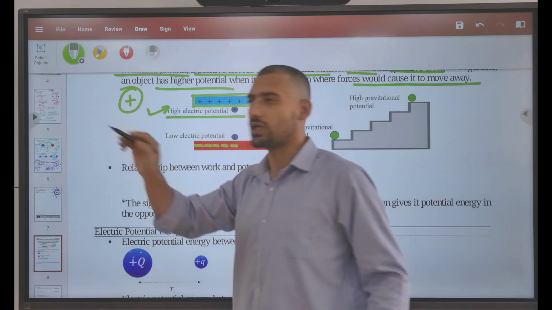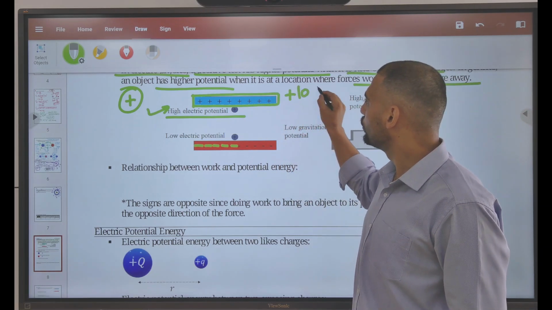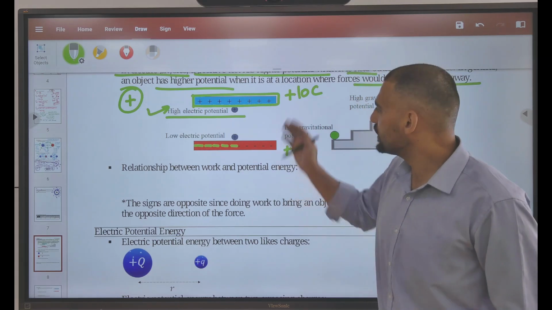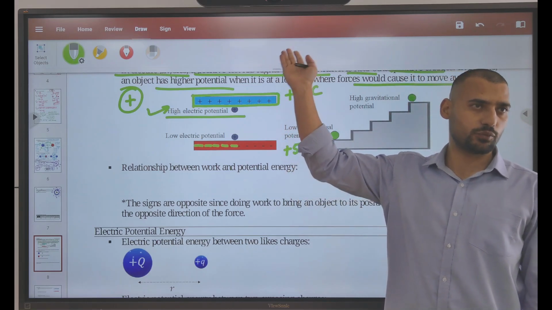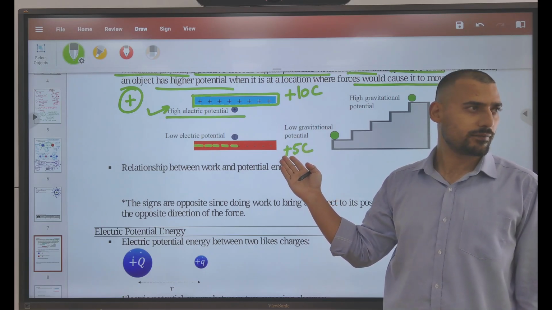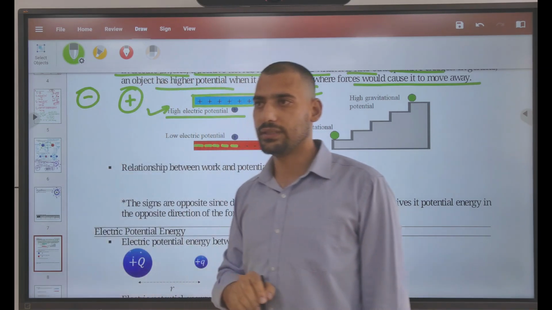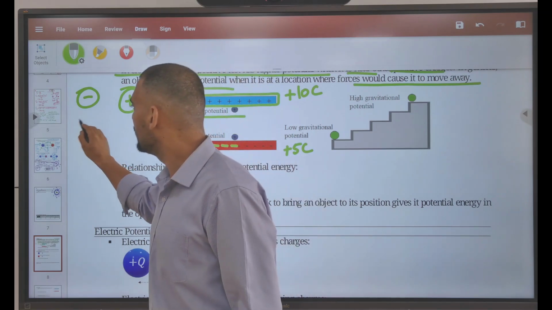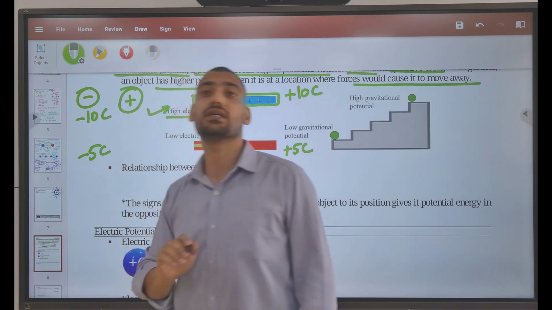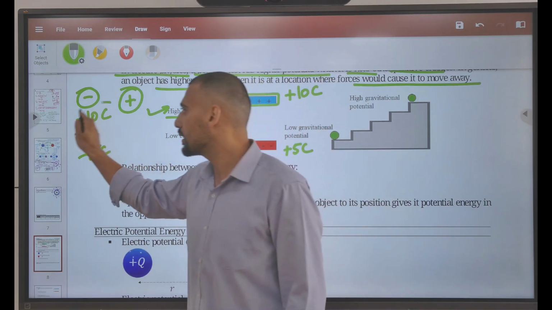If there is positive charge, for example, we have here plus 10 coulomb, and here we have plus 5 coulomb. So this will be taken as higher electric potential, and this will be taken as lower electric potential. Is that fine? Similarly, if we talk about negative charges, if there are negative 10 coulombs here and negative 5 coulombs here, where is the potential maximum? Yeah, it is here.